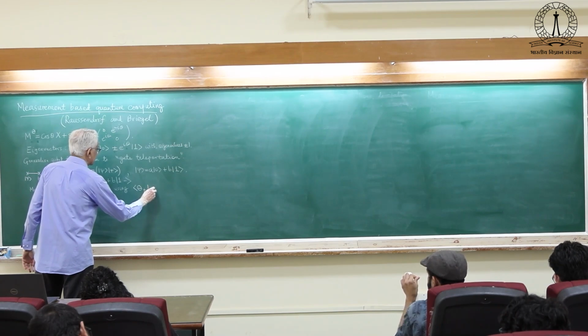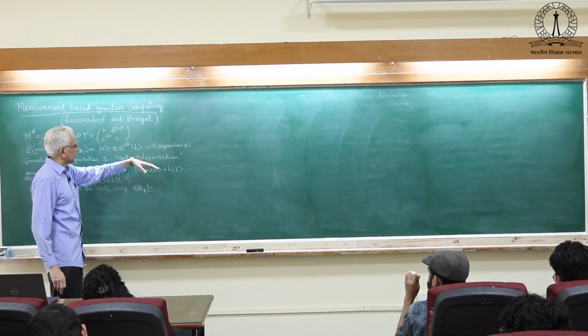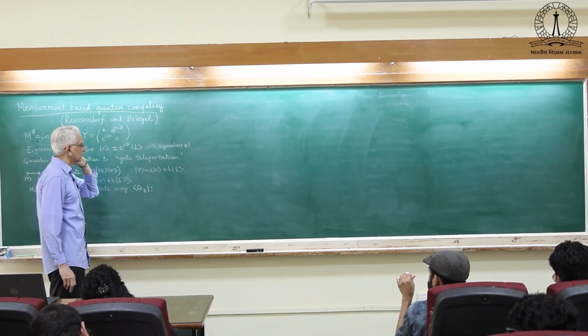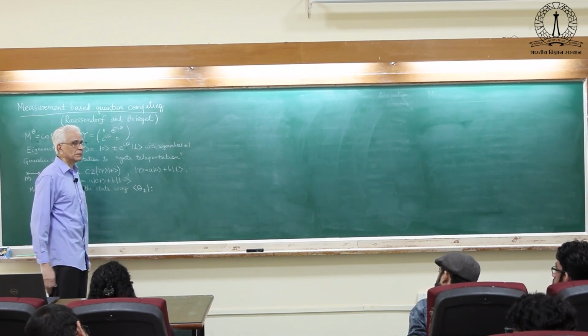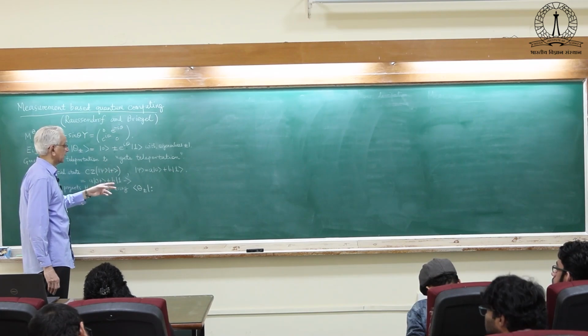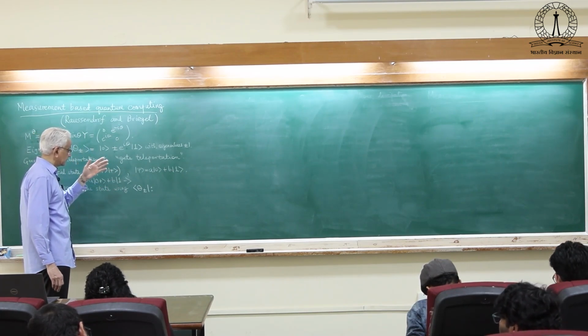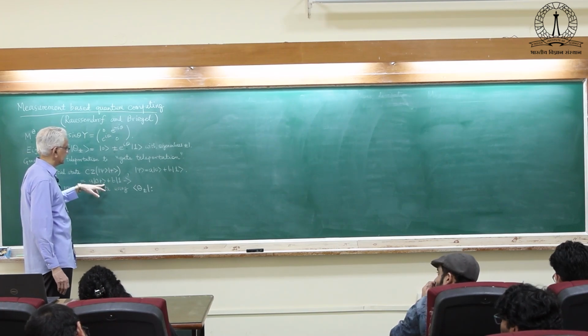So, I am going to get two outcomes with some probability. I am not worried about the probability because all the solutions are ultimately going to get merged into a single combination, but I want to know what will happen to the projected direction. So, this is a 2-qubit state.